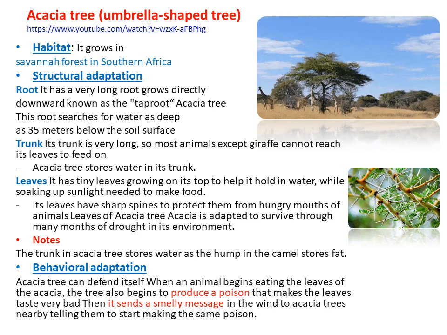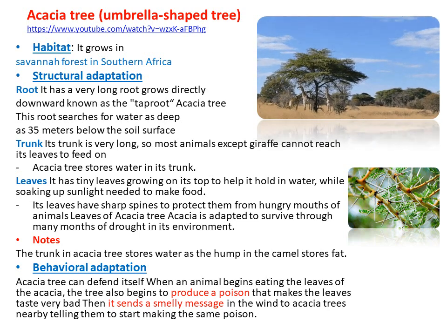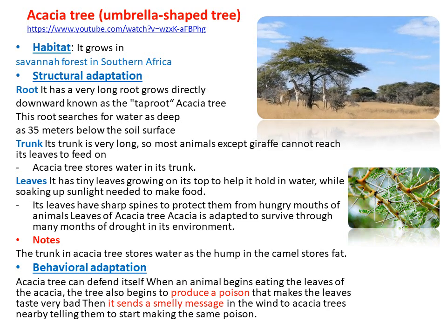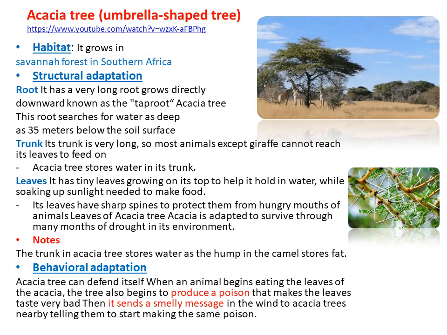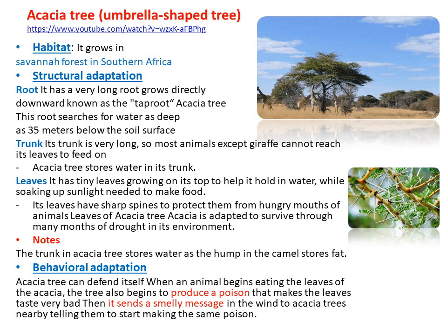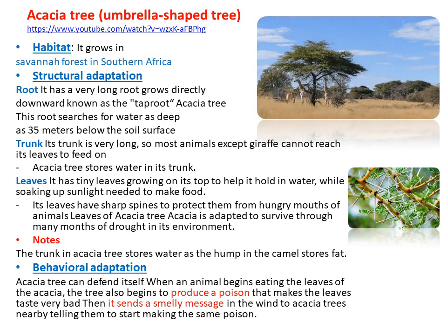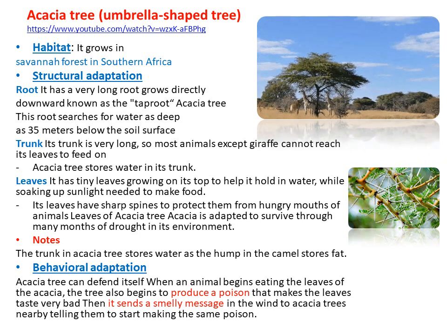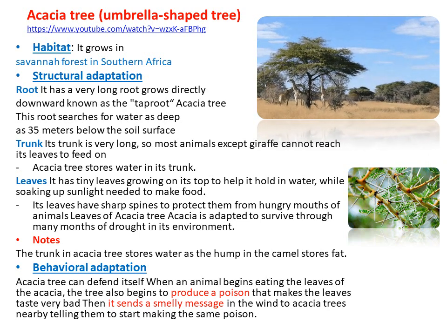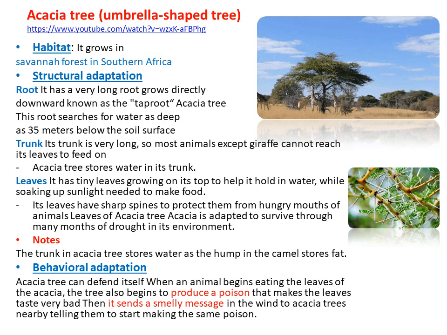Also, these spines allow the tree to adapt and survive the drought. When it lasts 6 months with no rainfall, it's very dry, leading to drought in this environment.